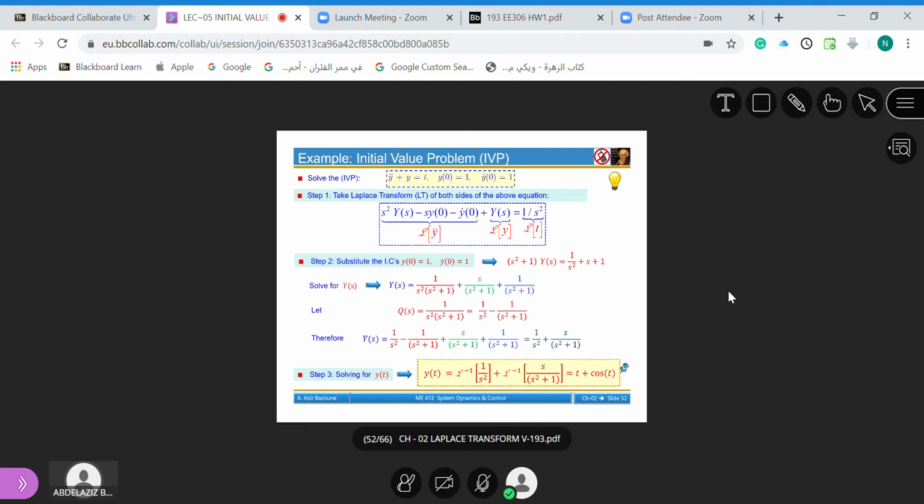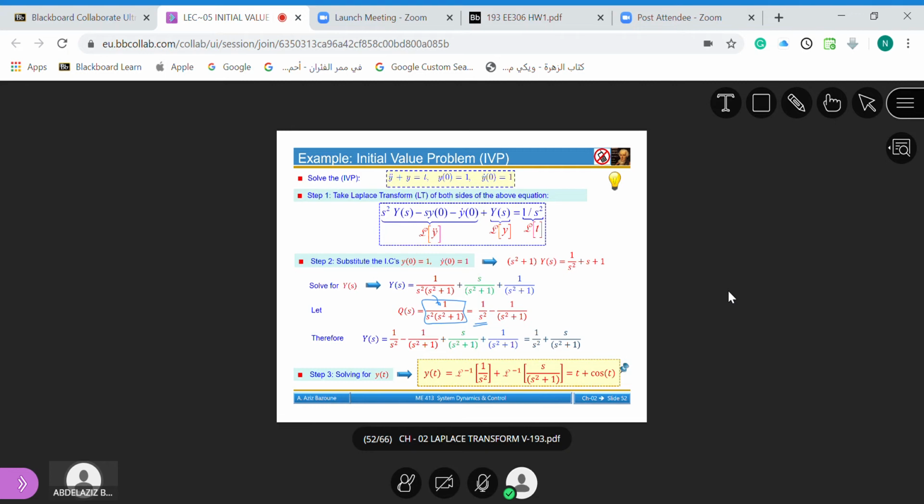Now I just give you some explanation aside, before we move. If we take just this polynomial, which is the red one here, and we write it in partial fraction, this 1 over s squared times s squared plus 1 can be written in this form: 1 over s squared minus 1 over s squared plus 1.